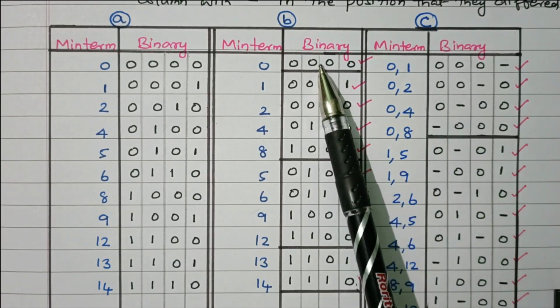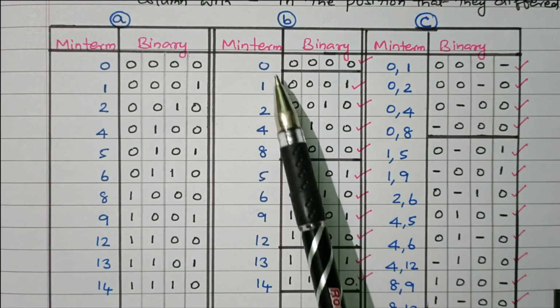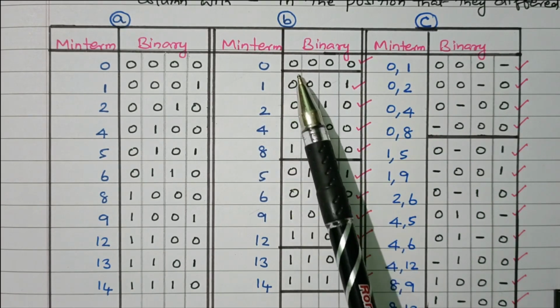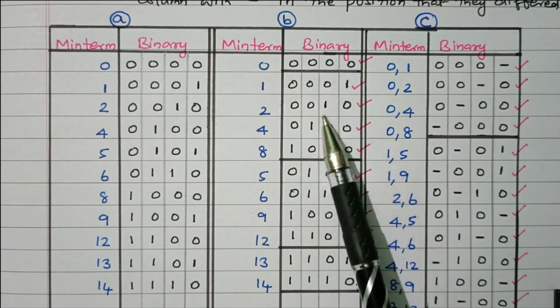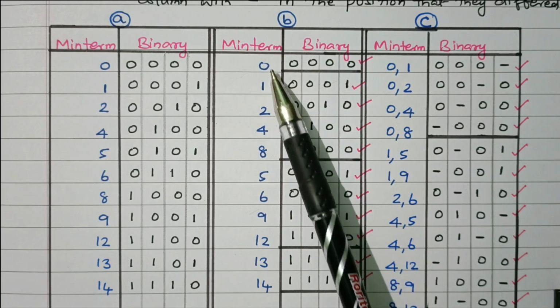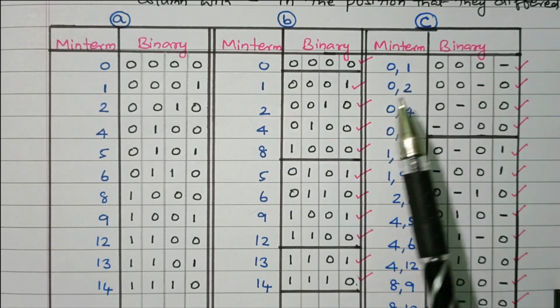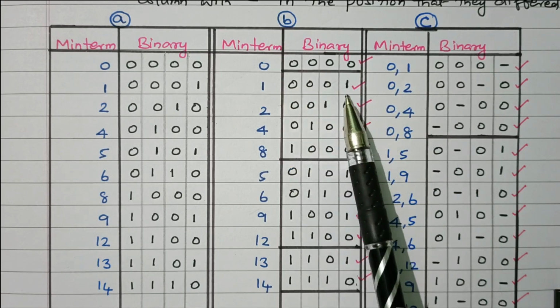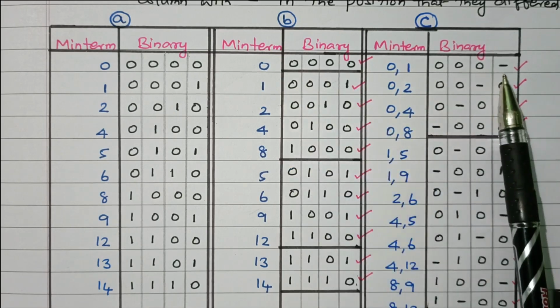First we will check category 1 with category 2, that is 0 is verified with 1, 2, 4, 8. Definitely here all are zeros, here only 1 one is there, so all will differ by only one digit. 0 and 1: 0 0 0 0, here 0 0 0 1. Only the fourth digit differs, so we put the dash mark, 0 0 0 dash.